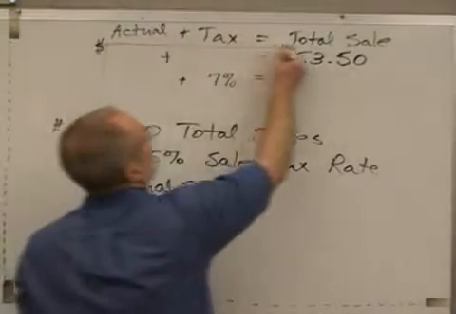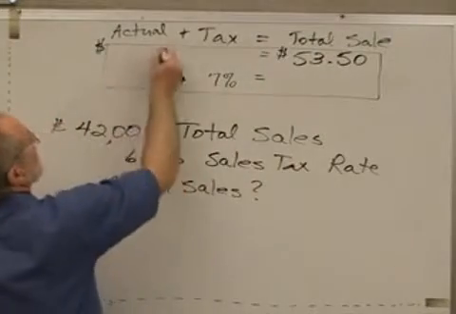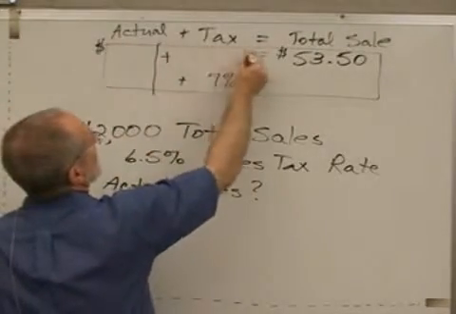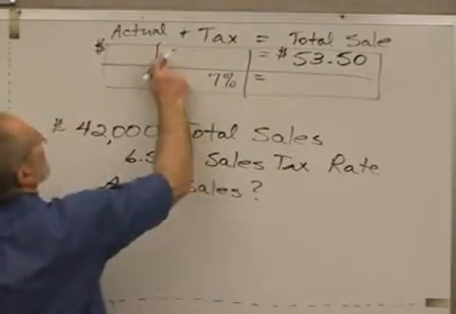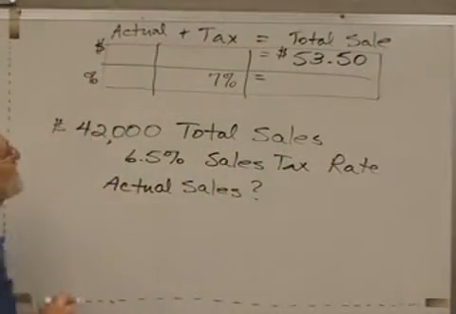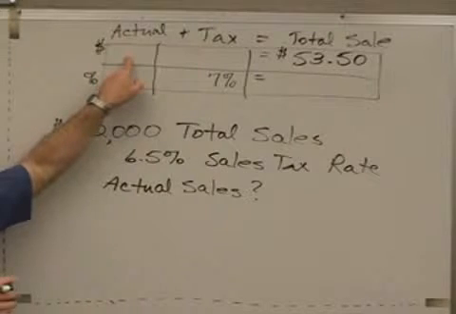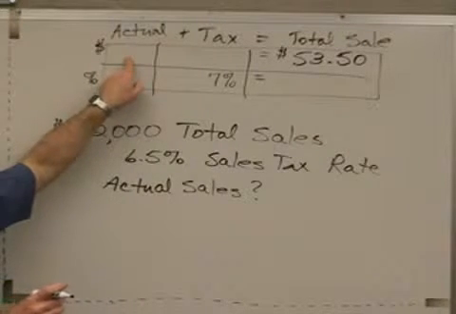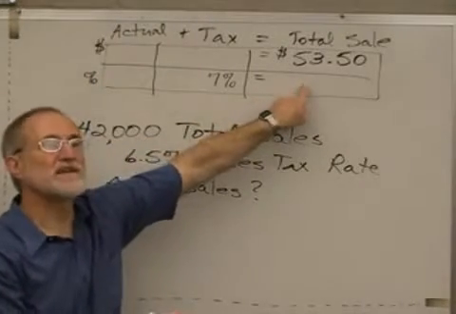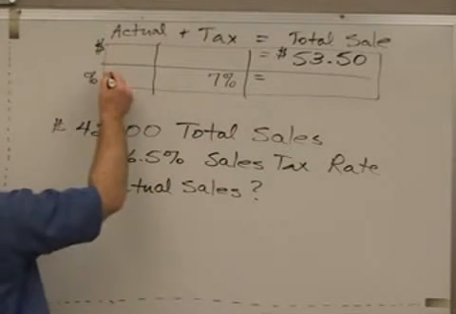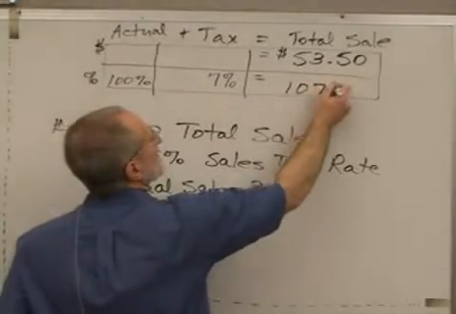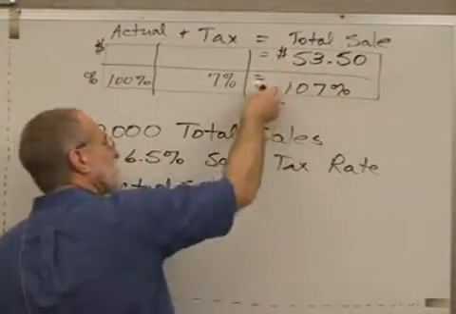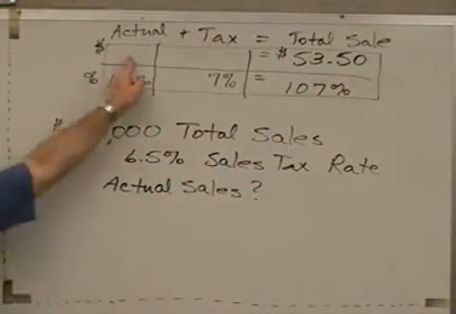If we think of it in the grid, where there's a dollar amount and there's a percent amount, we're looking for this dollar amount, aren't we? But we can find this percent amount because we know this is the 100%. So this is 107%. Any portion divided by its matching rate always gives us the base.